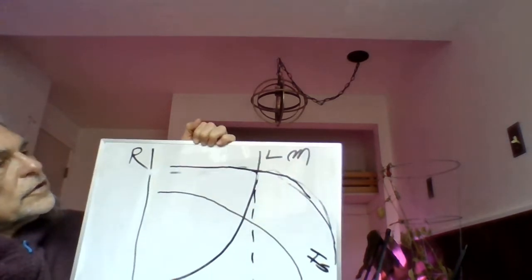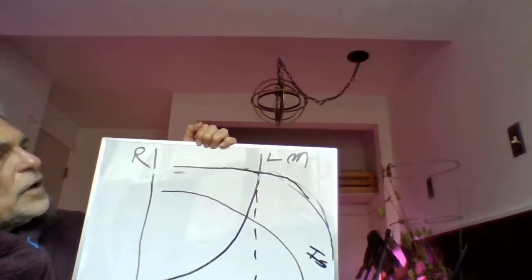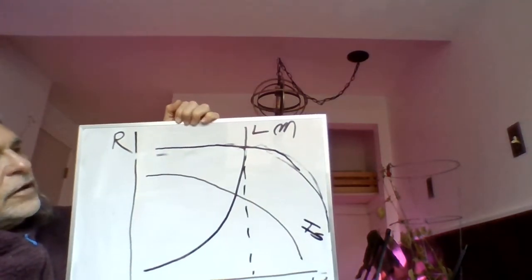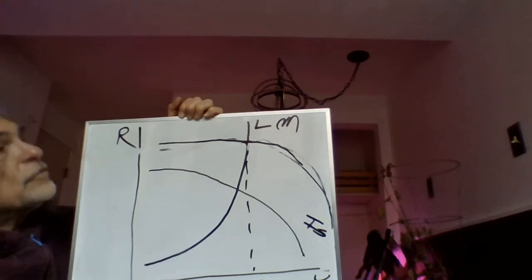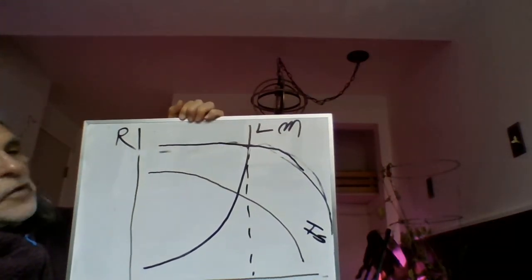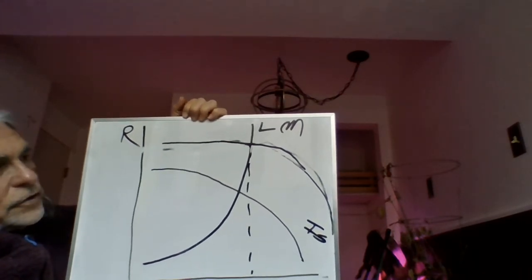There's your IS curve. Well, in that case, fiscal policy isn't effective at all. Well, that's an overstatement. It's not very effective at all, you could say. It's insignificant, in keeping with how the monetarists would phrase it.